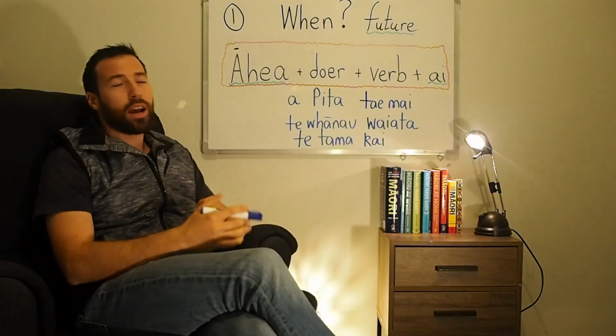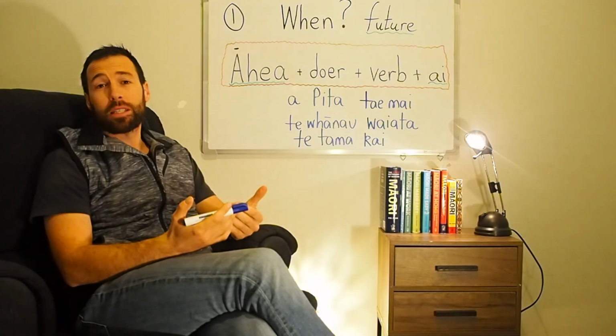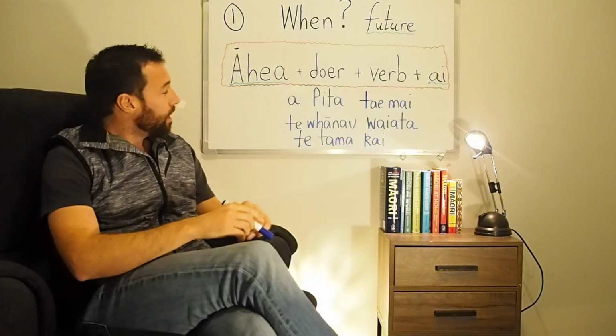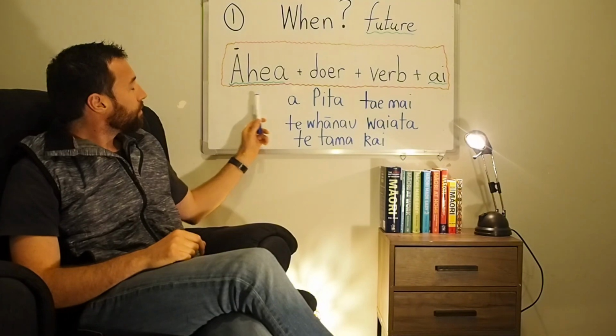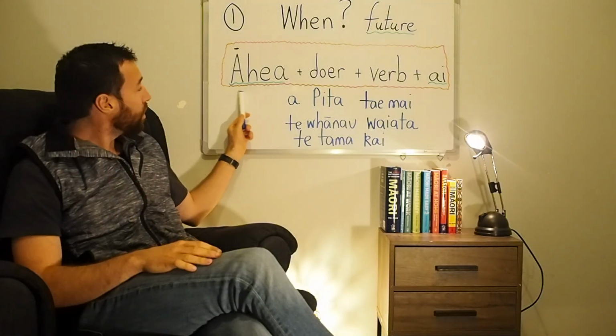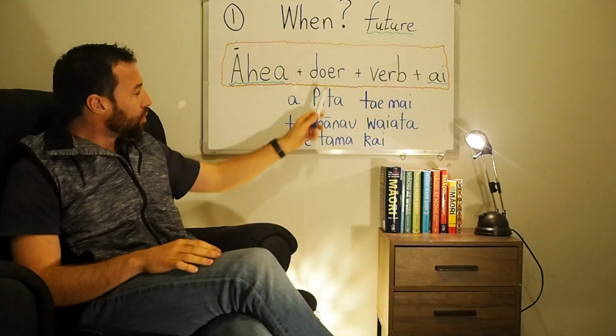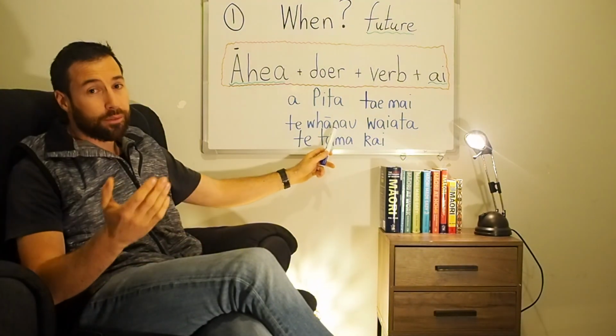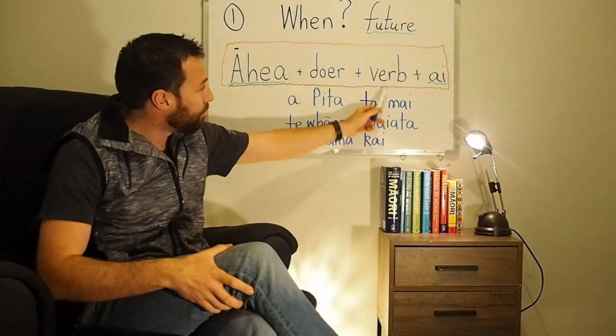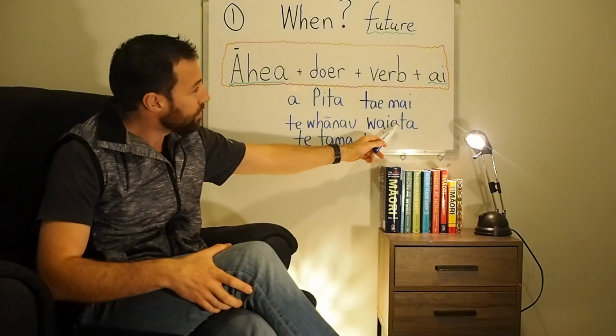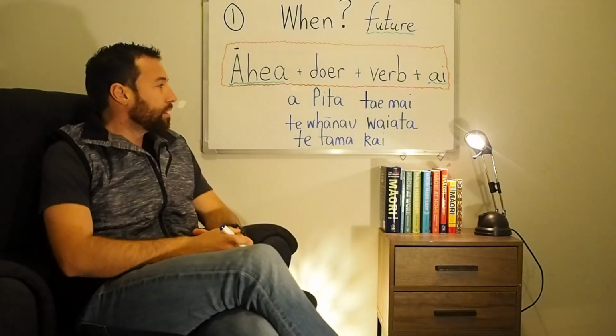So what if I was going to ask, when will the family sing? Let's go back to our board. It's going to start all the time with are here. Are here, the doer is the family, so te whānau, and the verb is waiata, sing, and chuck the I at the end.